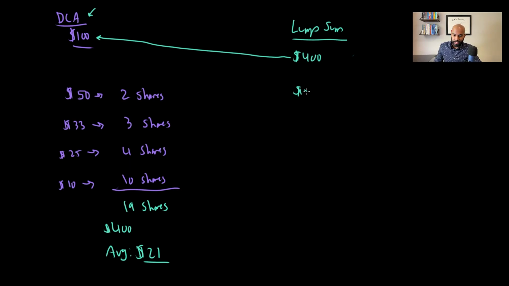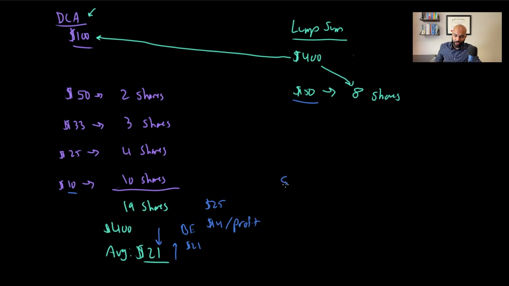When the stock was at $50, you were able to buy 8 shares with this $400. In the dollar cost averaging scenario, the stock just needs to recover from $10 past 21 and you'll be broken even at $21. So if the stock's trading at 25, you would be making a $4 profit. As for the lump sum situation, the market has to recover all the way from $10 all the way up to 50 to just break even.